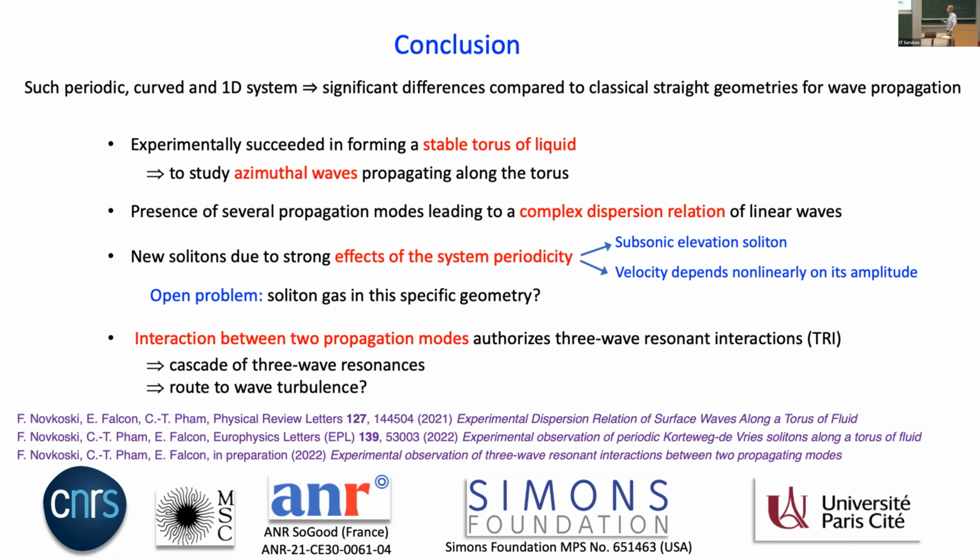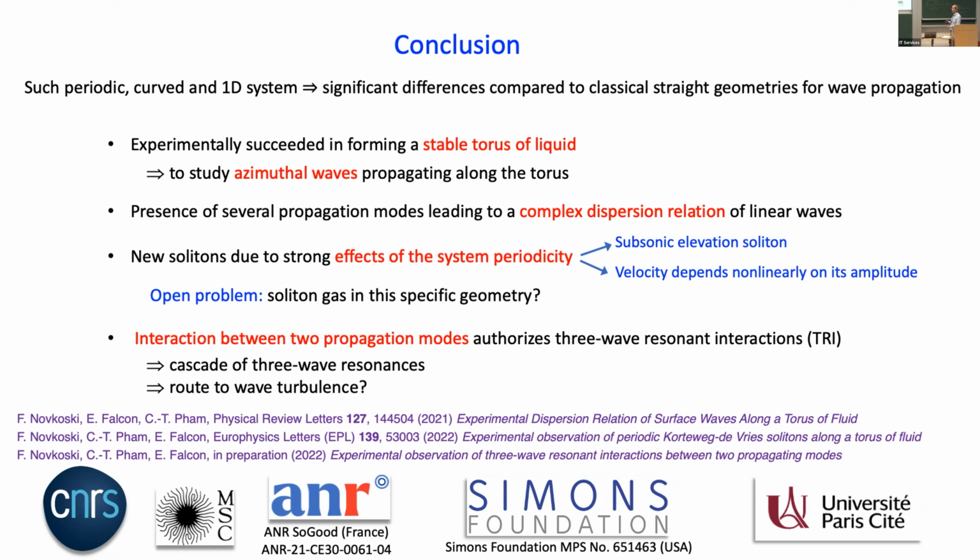And the periodicity of the system leads to new solitons, such as subsonic elevation solitons, and their velocity depends nonlinearly on the amplitude. One open problem in this system, which I heard in this room, is whether it will be possible to make a soliton gas in this specific geometry. We can try to think about this.